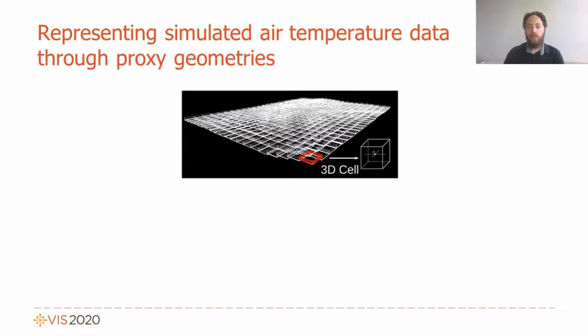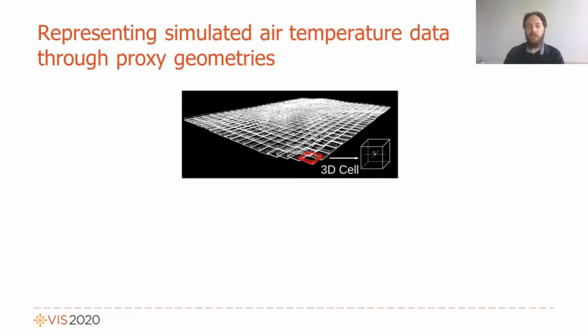We propose to represent simulated air temperature data projected on proxy geometries based on the geometry of the grid's 3D cell. To enable data exploration with different viewpoints and to fit to some expected tasks, we propose 3 different proxy geometries.